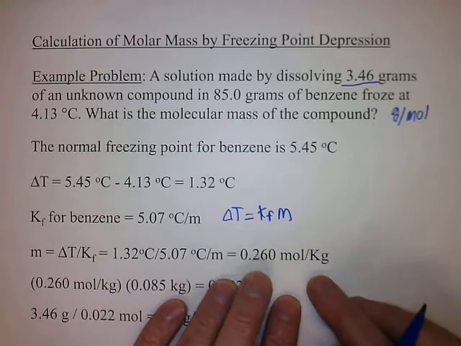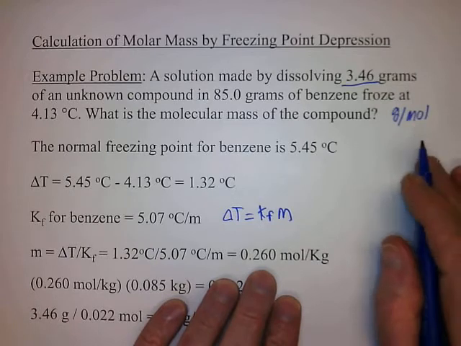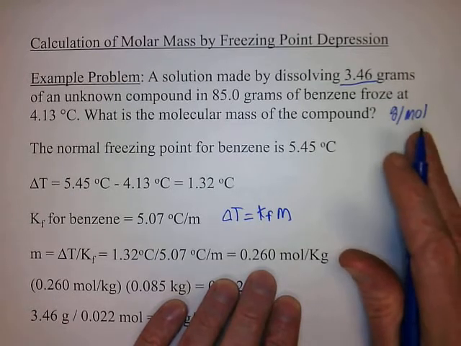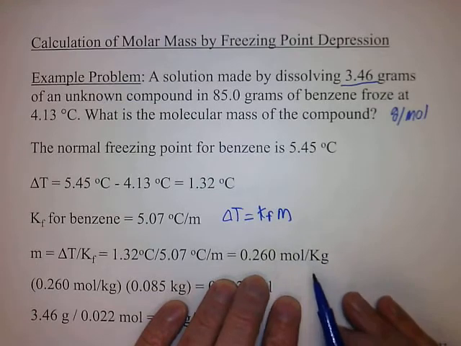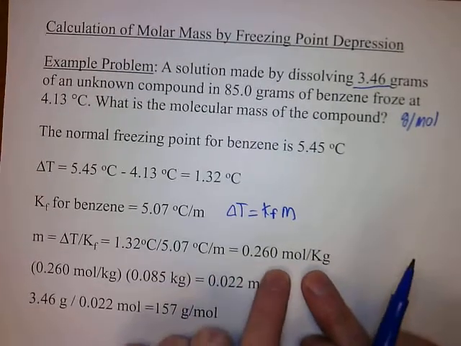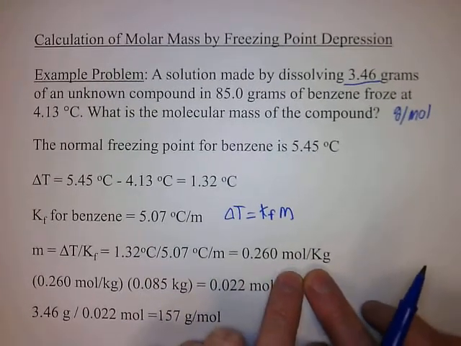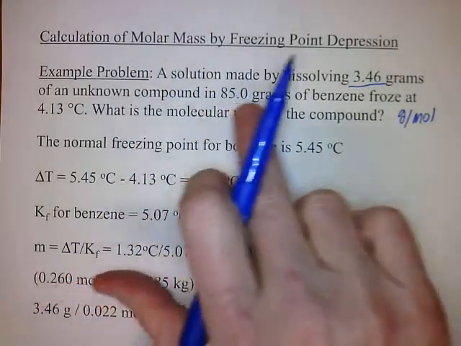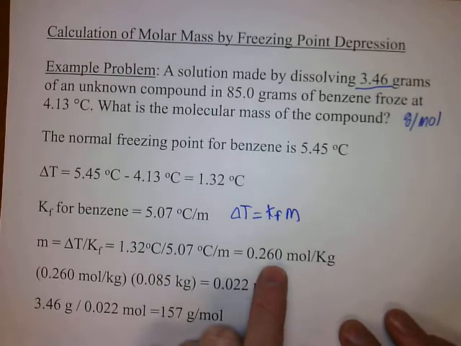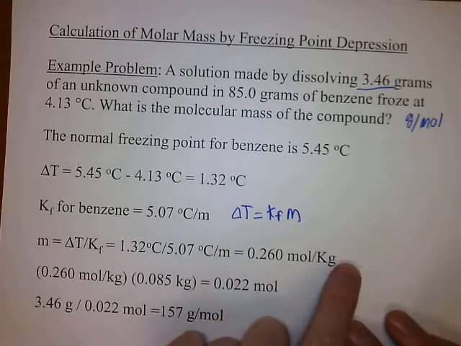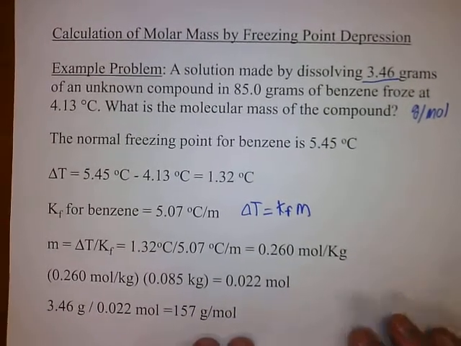Okay, well, how does this help us? Remember what we're after. We're after the number of moles of solid, so we can calculate the molar mass. Well, we just figured out the concentration of the solution, and if we multiply that by the mass, then we'll have the number of moles. Right? Moles per kilogram times kilograms will give us moles.